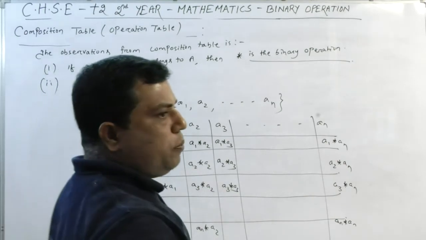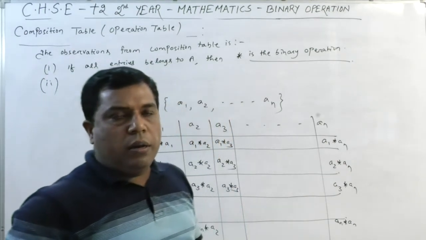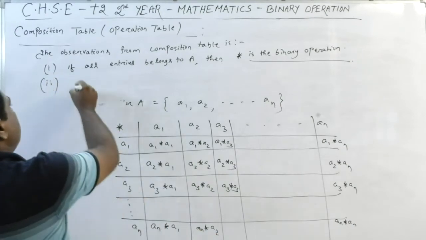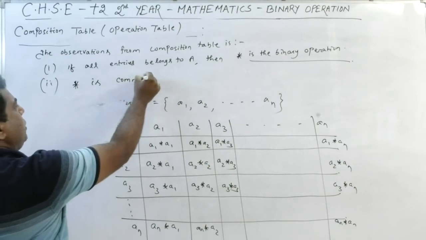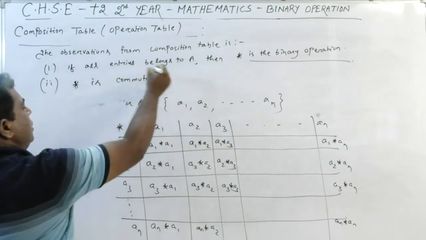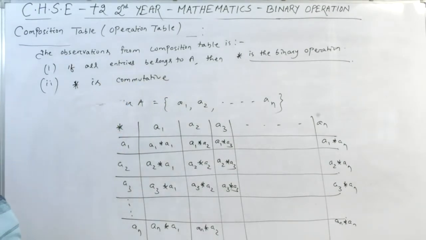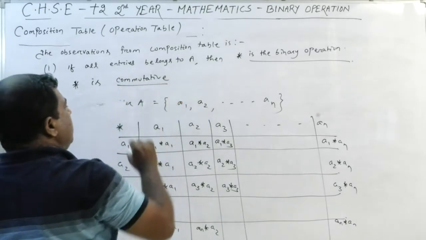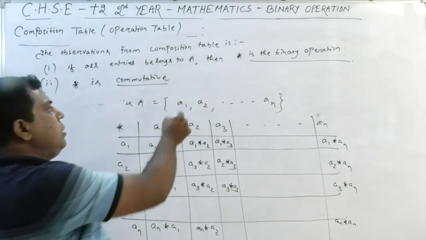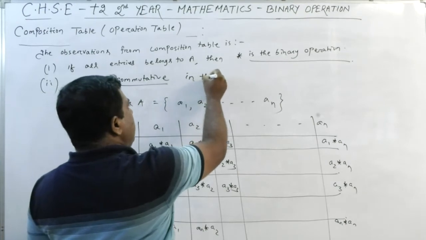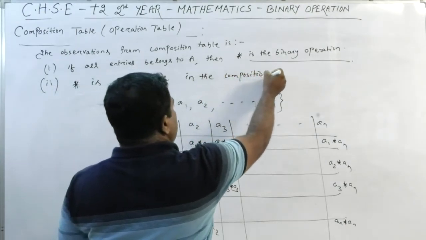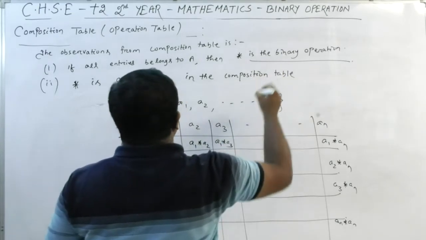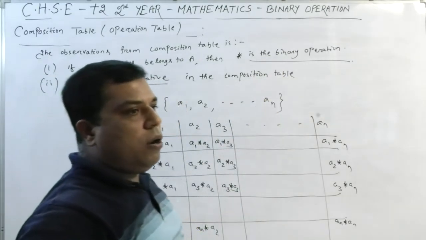what we can observe from the composition table is that star is commutative. We can verify the commutative property also. So when can we verify that it is commutative or not?